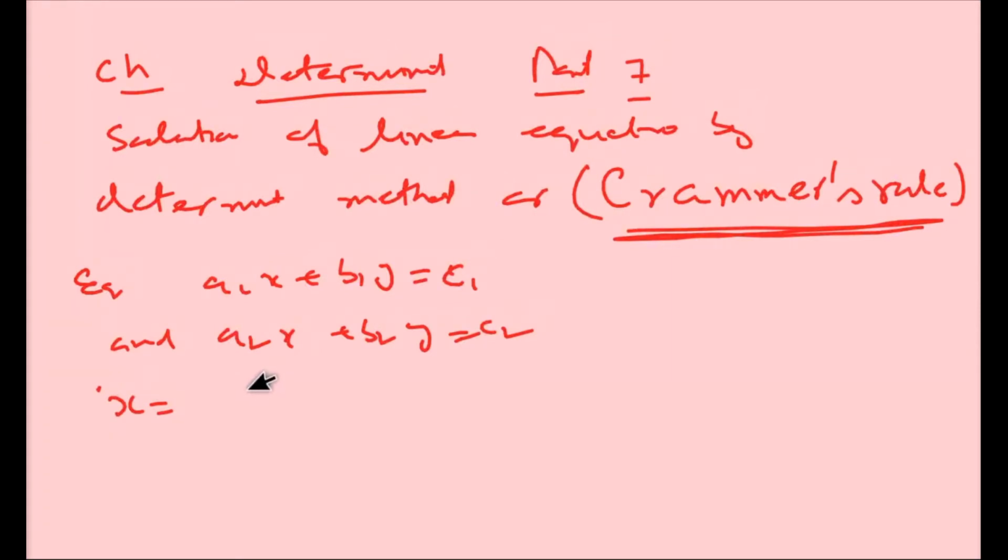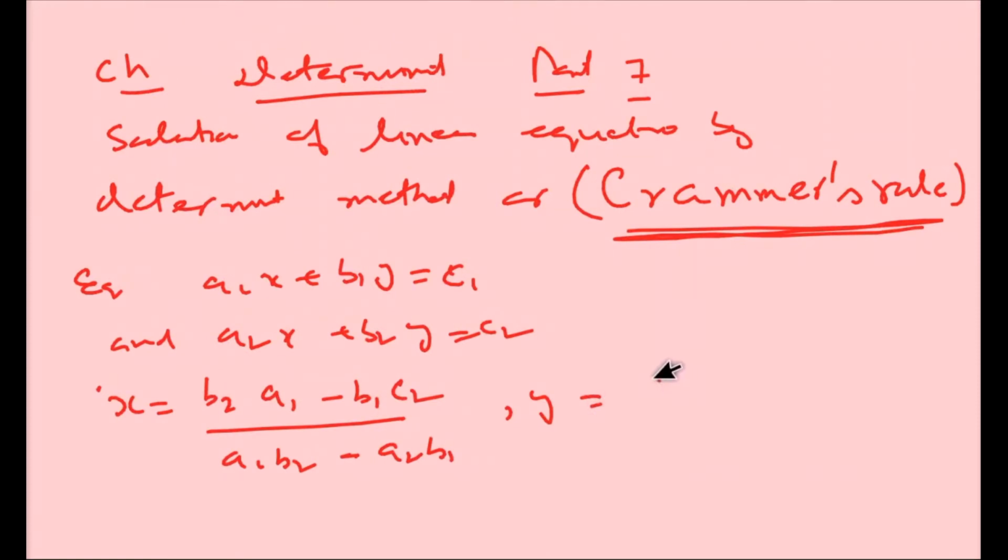Learn this one. x equal to (b2 c1 minus b1 c2) upon (a1 b2 minus a2 b1), and y equal to (a1 c2 minus a2 c1) upon (a1 b2 minus a2 b1).